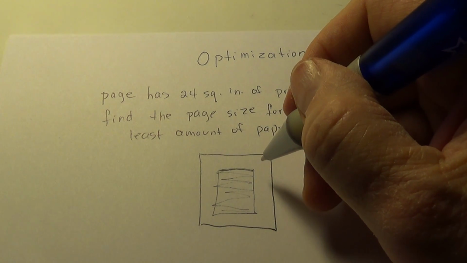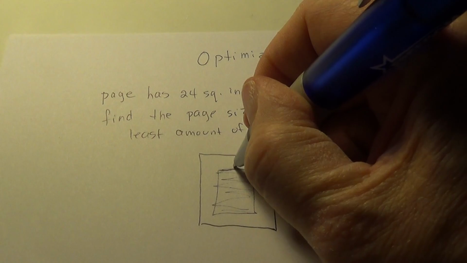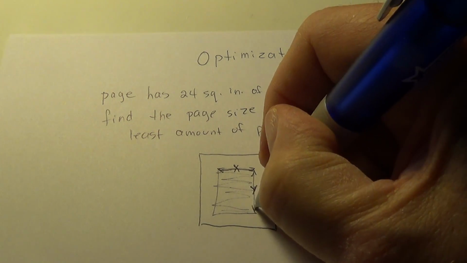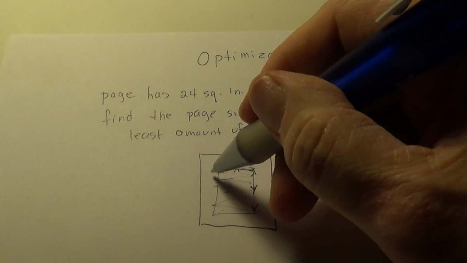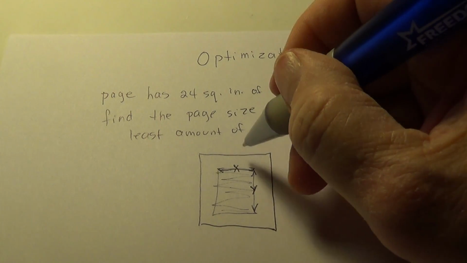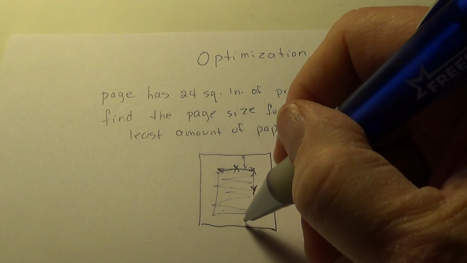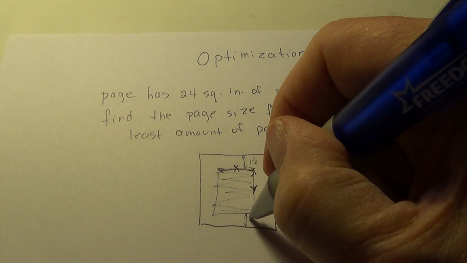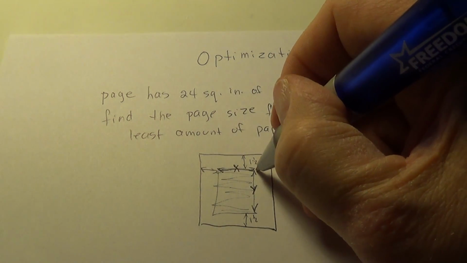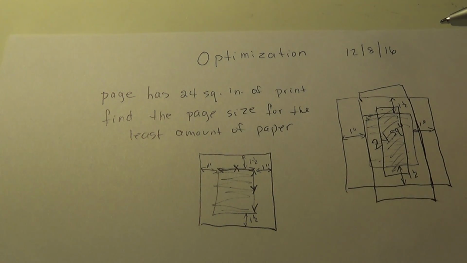Let's say this value from here to here is X, and this value is Y. It doesn't matter which I call X or Y. To get the dimensions of the whole page, when we finally get X and Y, since there's 1.5 inches here and 1.5 inches here, we're going to add 3 to Y, and because the margins in this direction are 1 and 1, we would add 2 to X to actually get the dimensions of the page.